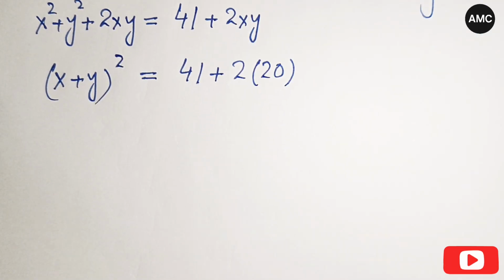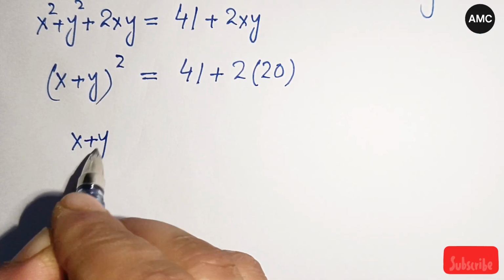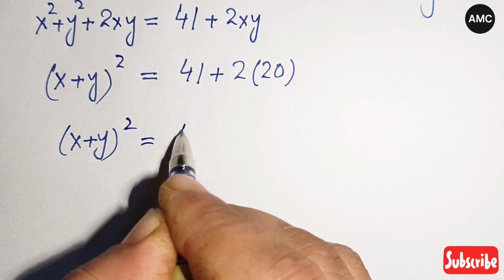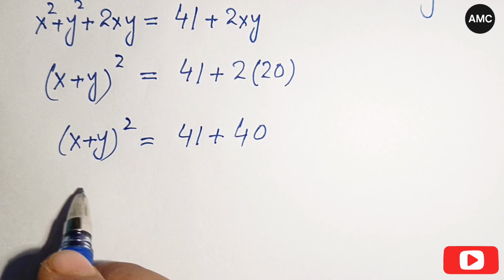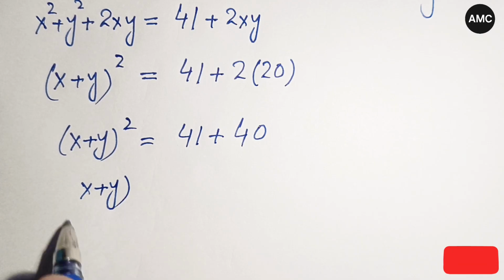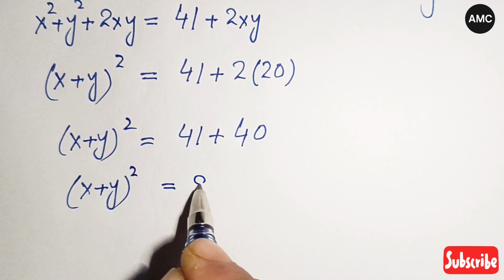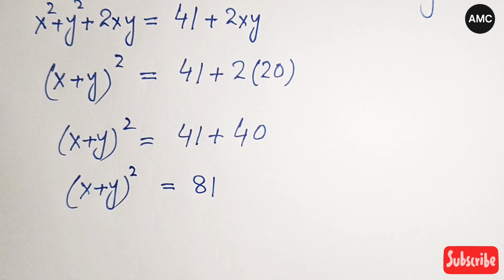So here x plus y whole squared is equal to 41 plus 2 times 20 is 40, adding 41 plus 40 we get 81.